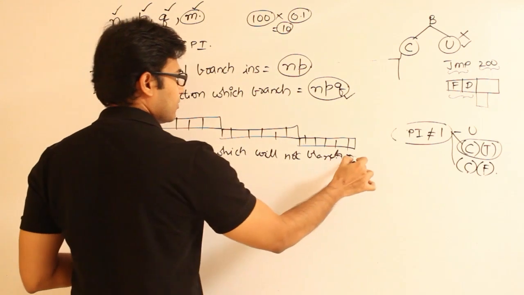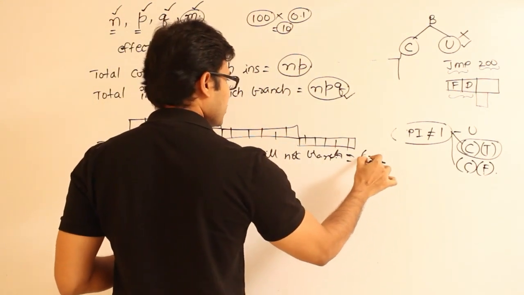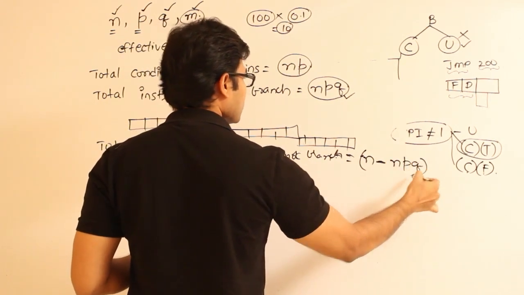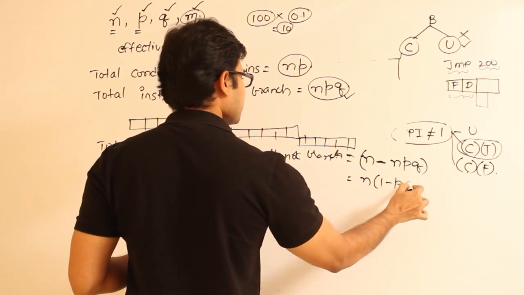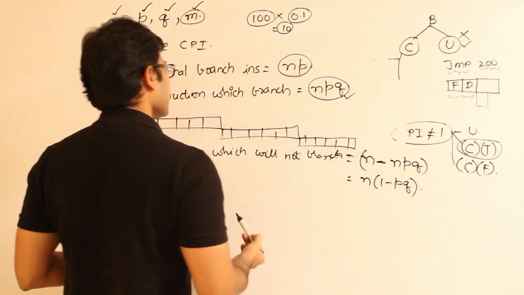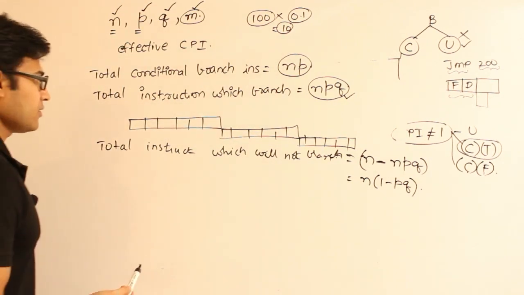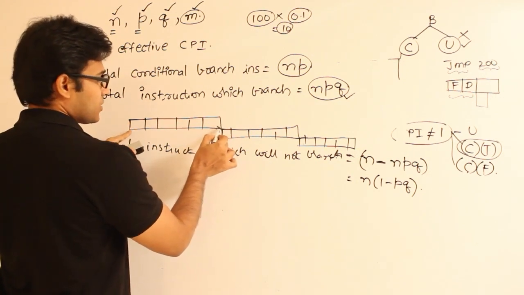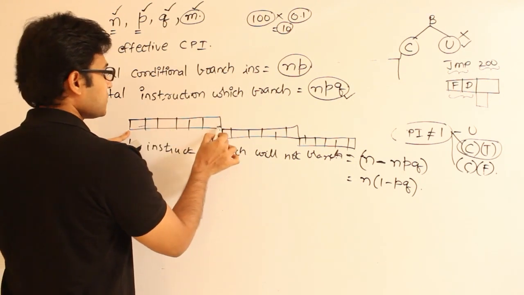So out of n, the instructions which will branch is n into p into q. Therefore the instructions which will not branch is n minus n into p into q, right? Which is nothing but n into 1 minus pq. So this is the total number of instructions which will not branch. Got it? And they are giving that the target instruction will be known in case of branching only at the end of all the M stages.